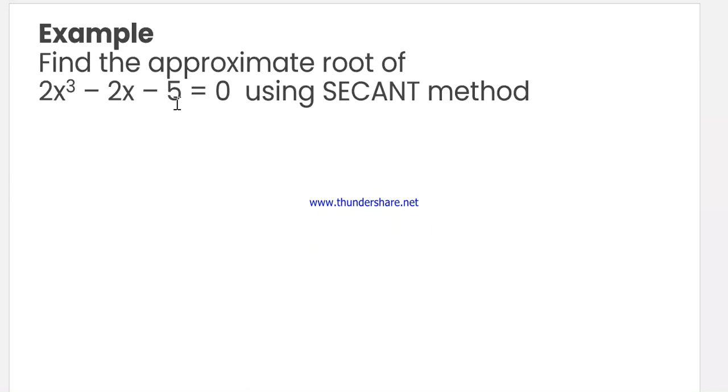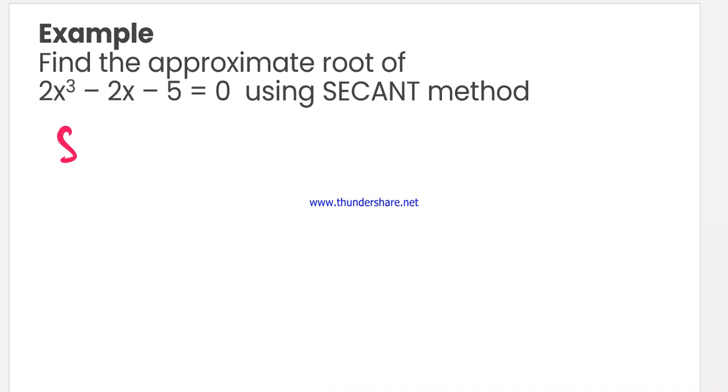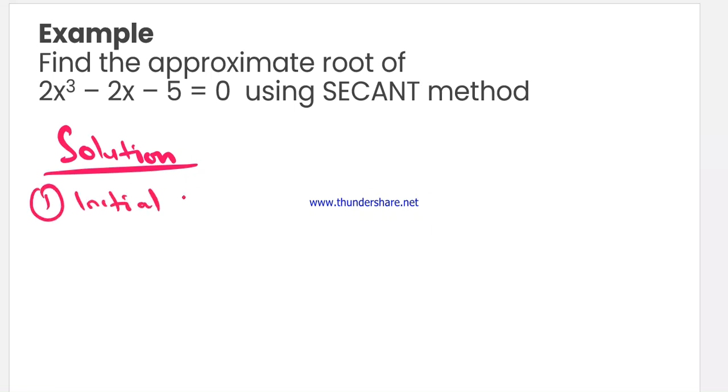Find the approximate root of this function using secant method. So we use this function exactly as it is when we were treating the Newton-Raphson and fixed point iteration. We follow a similar pattern as before. Initial guess: but in this case, we are going to find two initial guesses.